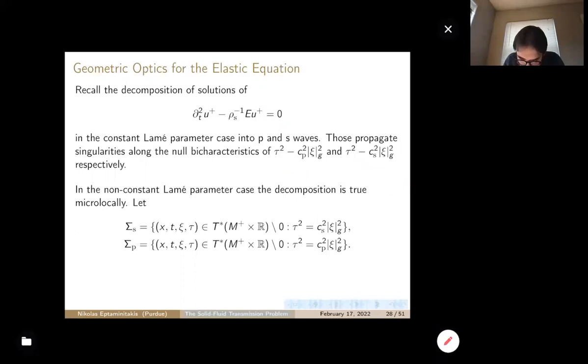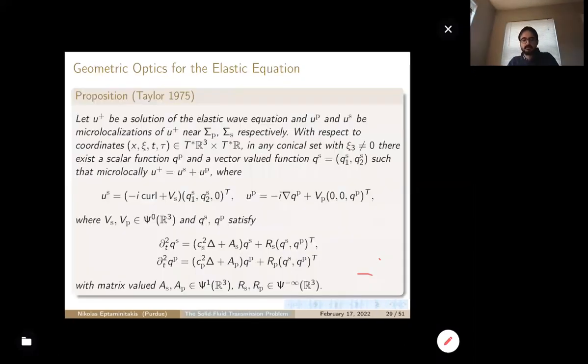Okay, so this is some terminology about the characteristic varieties that they define, but the important proposition here, this formulation comes from the Stefanov, Uhlmann and Vasy paper, but it has been known at least as far back as 1975 in one of Michael Taylor's papers.